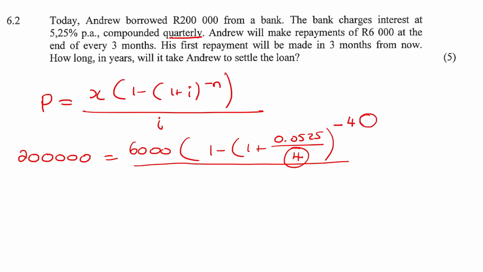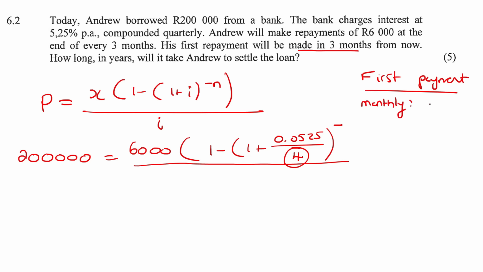And then we need to get the number of years. But let's first talk about something, because a lot of learners are going to look at this here and think, oh, he misses 2 payments. But remember, when you are compounding, let's quickly talk about your first payment. If you're compounding monthly, then when should you make your first payment?